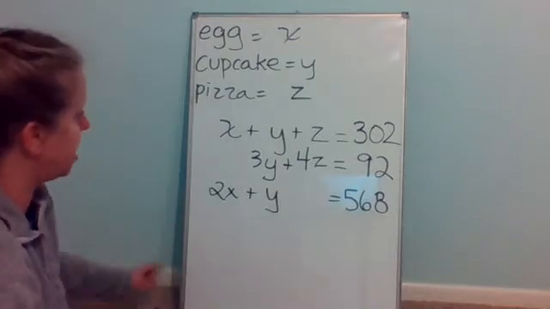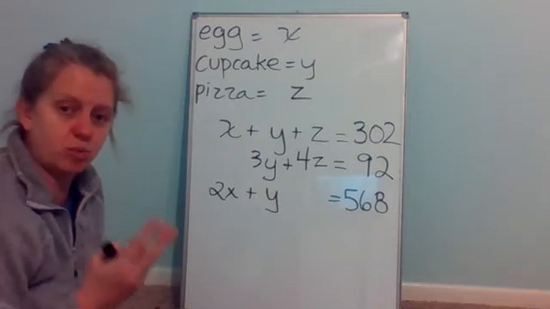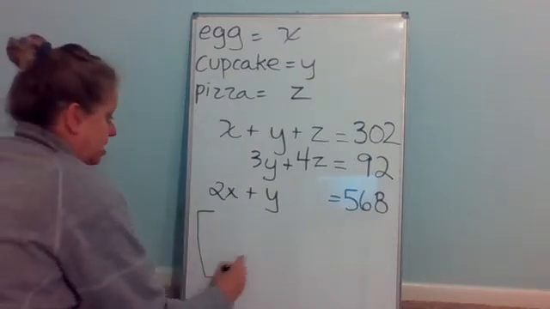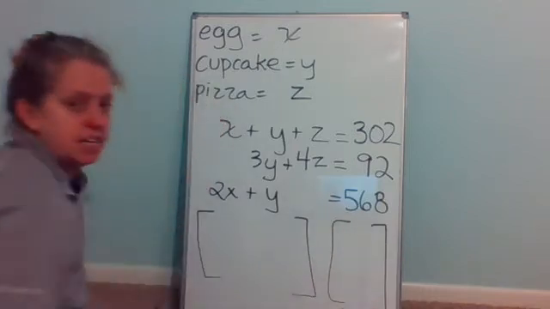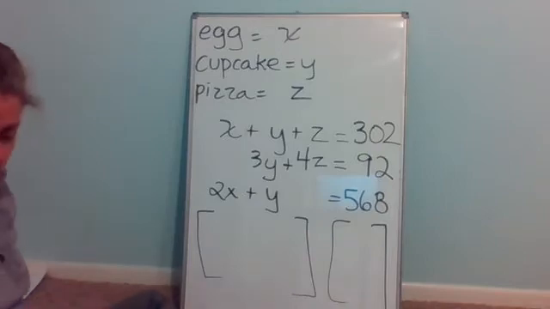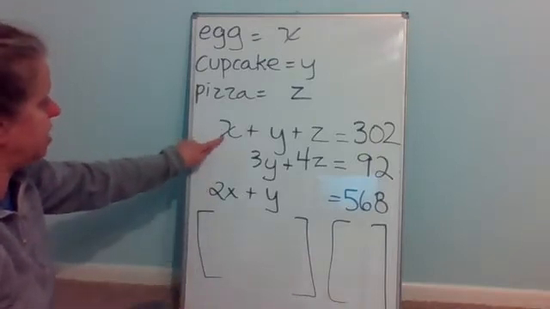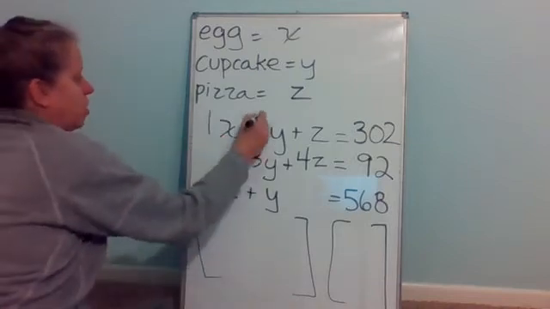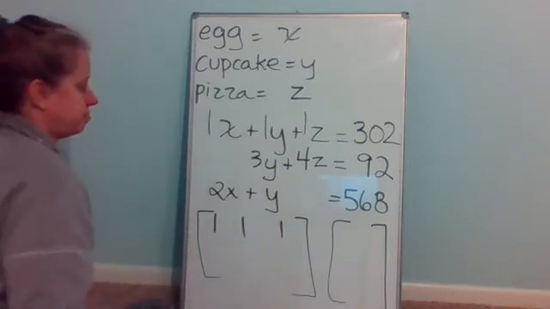So what you have done is you've created a system of equations that has 3 unknown variables. We're doing the same thing we did in the last 2 problems. We're going to create our 2 matrices and then do matrix A to the negative 1 times matrix B. Across the top of the first matrix these are all 1s: 1, 1, 1.